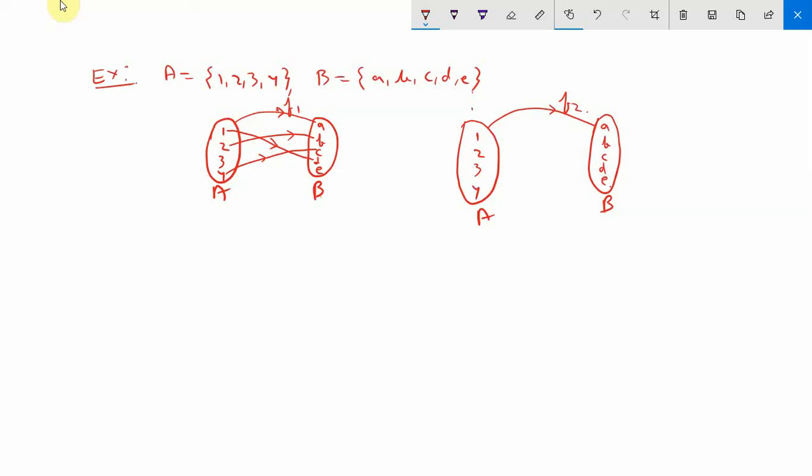We see that 1 is associated with a, 2 is associated with b, 3 is associated with c, and 4 is associated with c and e.